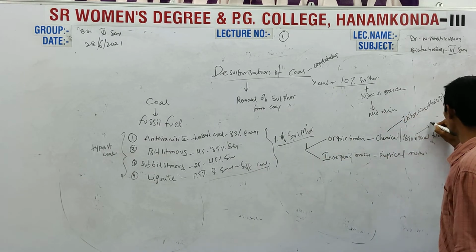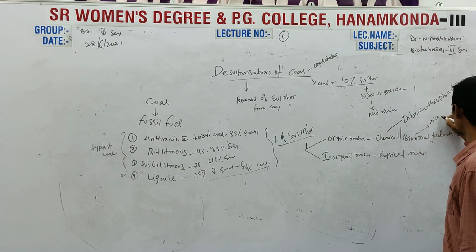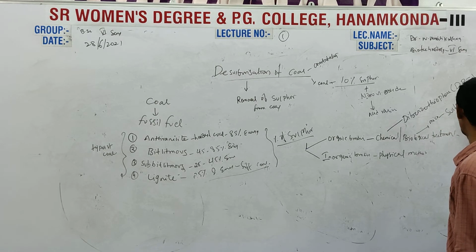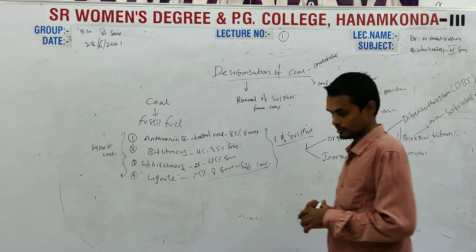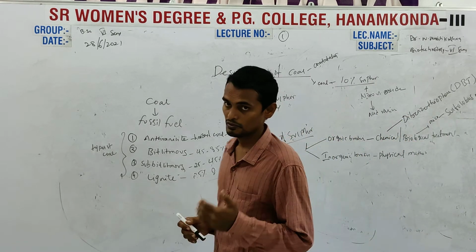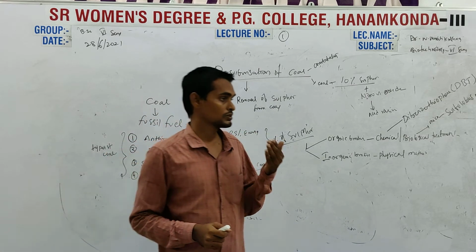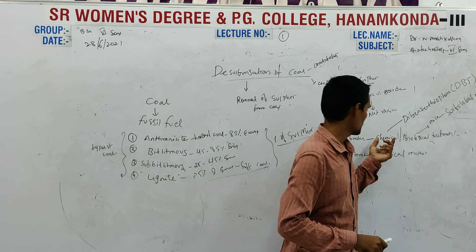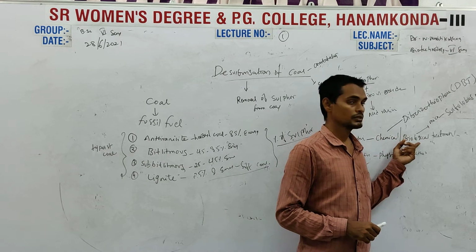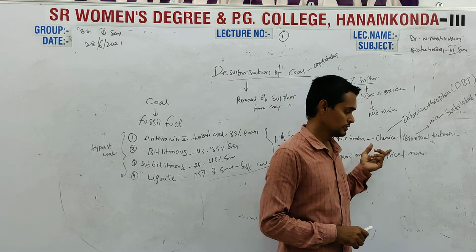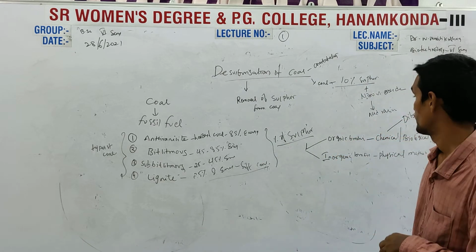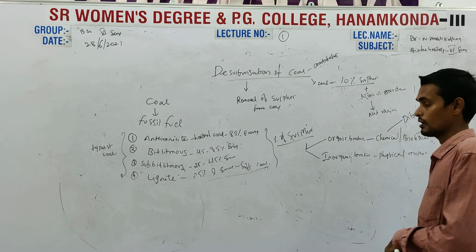There is one microbial organism, Sulfolobus species, which is a sulfur oxidizing bacteria. So either by using a chemical method or a biological method, you can remove the sulfur attached to the coal. That comes under organic binding.